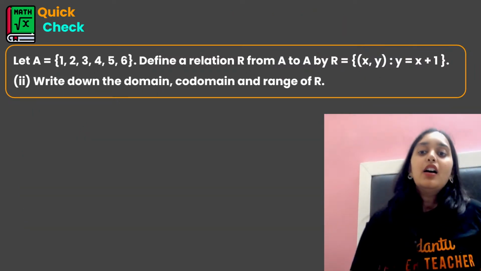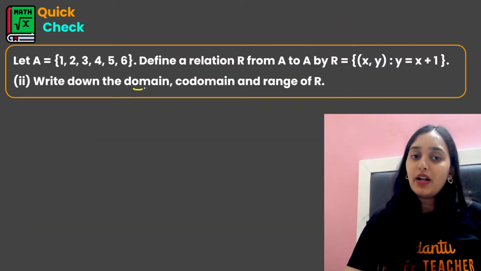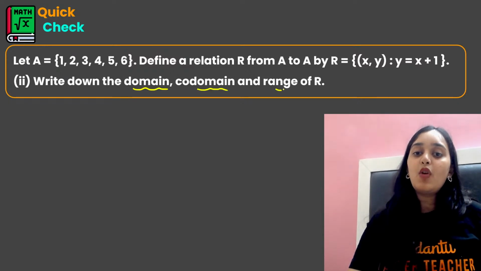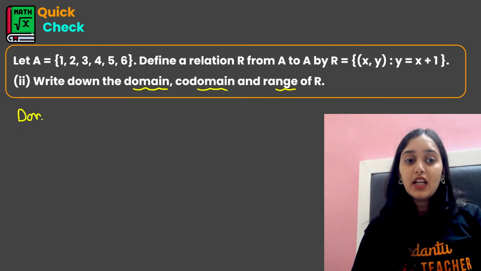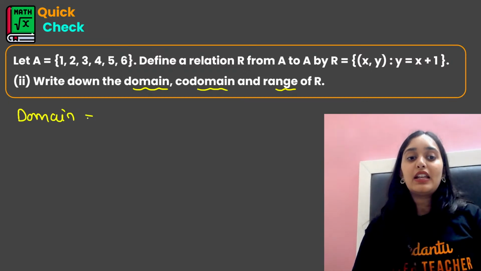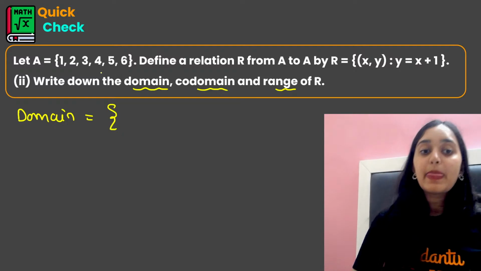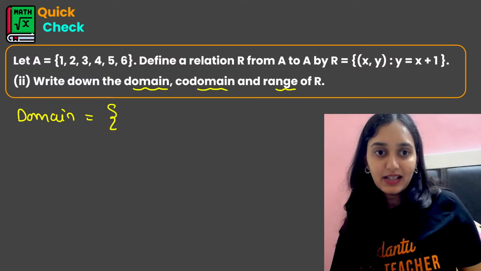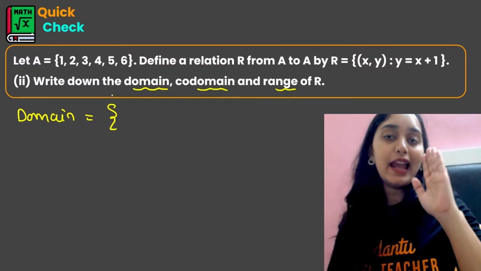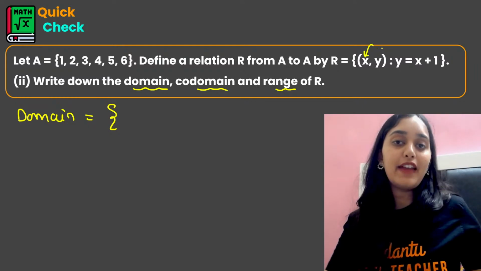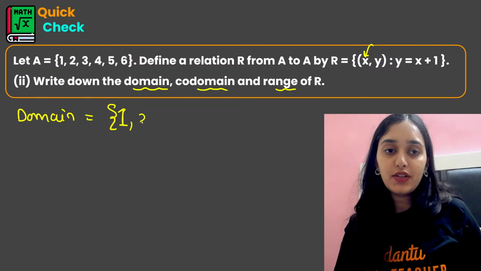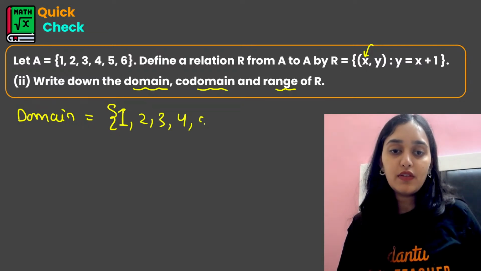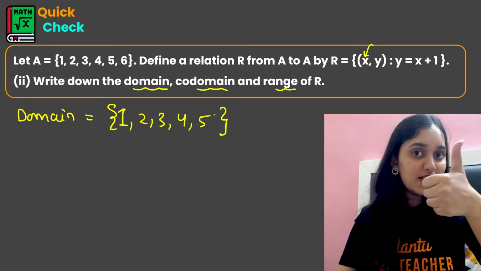Now in the same question they are asking what is the domain, what is the codomain, and what is the range of the relation. We know that in the domain of the relation we have all the first elements of the ordered pairs. So we have 1, 2, 3, 4, 5. Remember, 6 was not there.